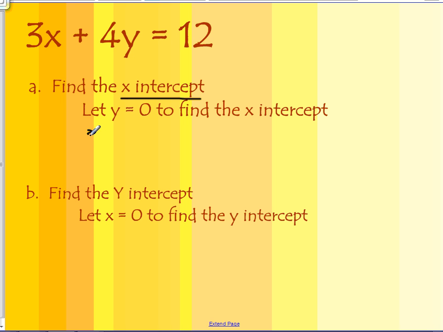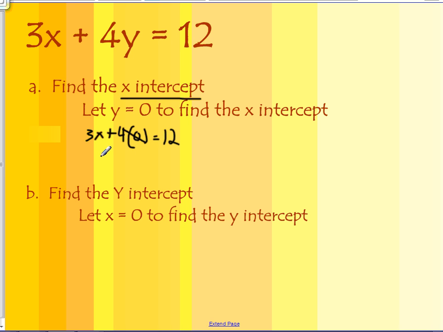So we have 3x plus 4. We're letting y equal 0, so times 0 equals 12. All right, so we automatically know that 4 times 0 is 0.